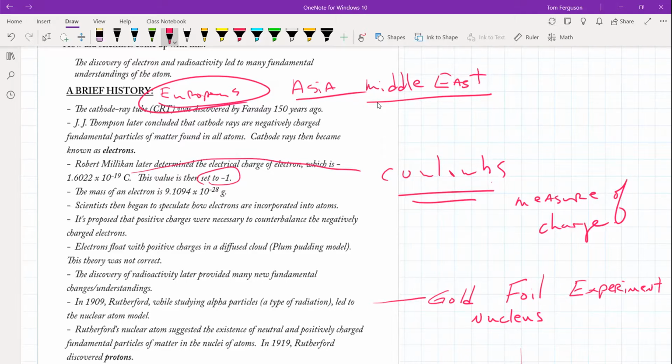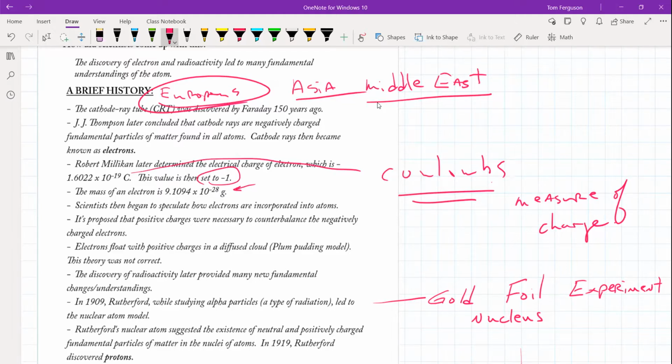And Millikan had something called an oil drop experiment, which is very famous, that you'll go over in detail in Chem 400. But basically, that's what he determined. He also determined the mass of an electron. Now 10 to the minus 28 grams, that mass of an electron is really, really, really small.